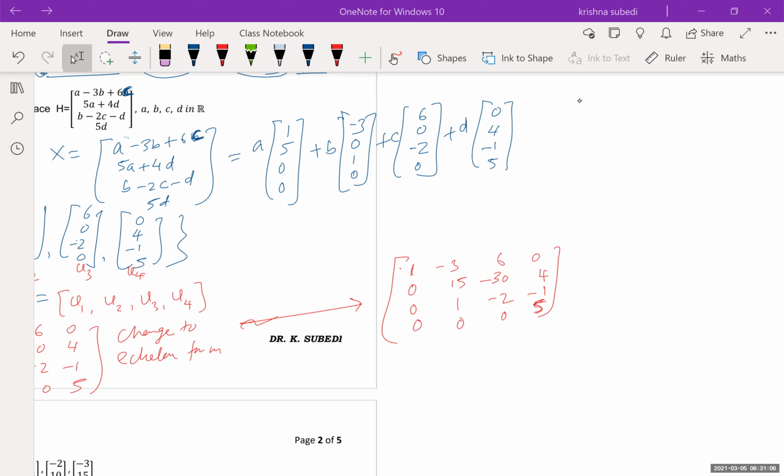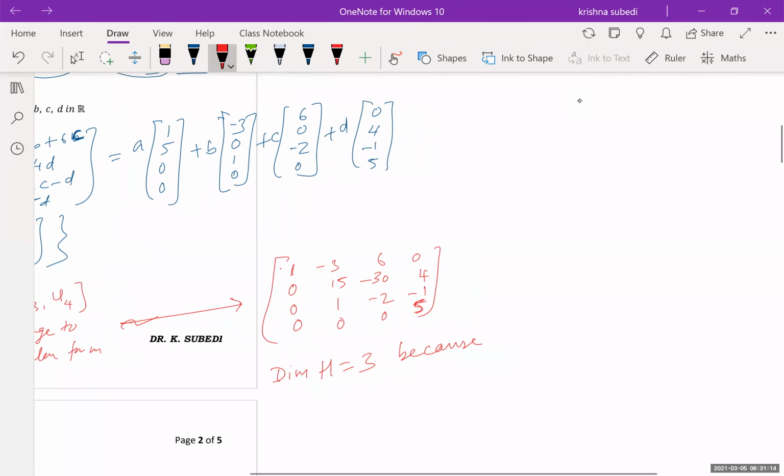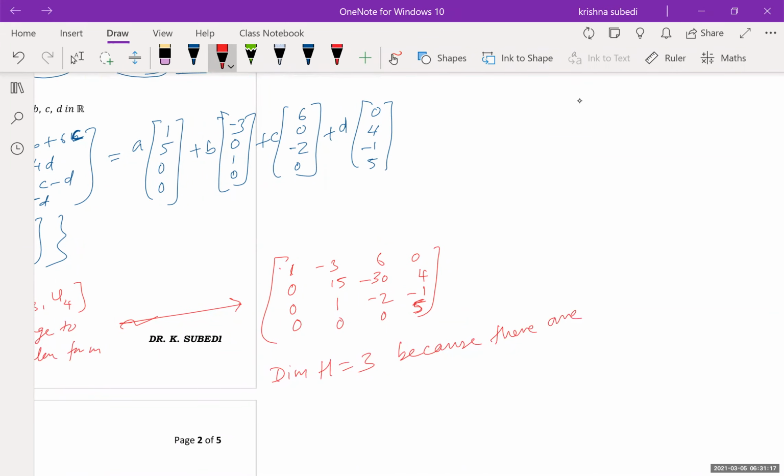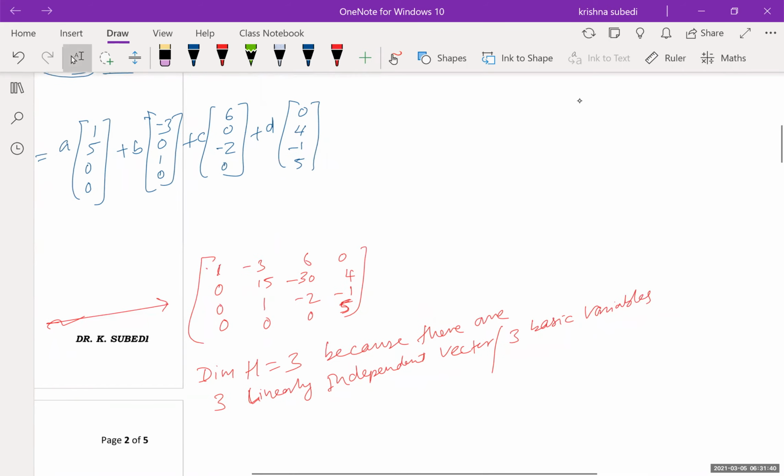So the dimension of H equals 3 because there are three linearly independent vectors, or you can say three basic variables, or you can say three pivot columns.